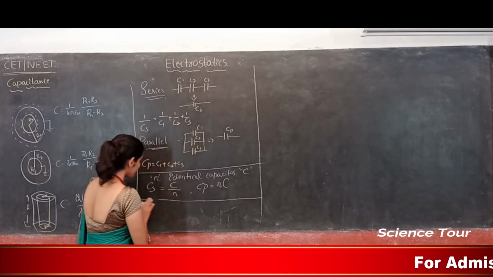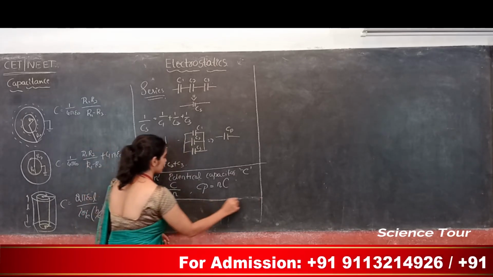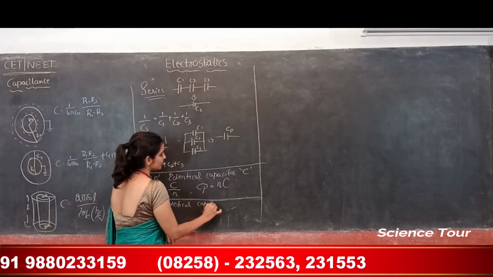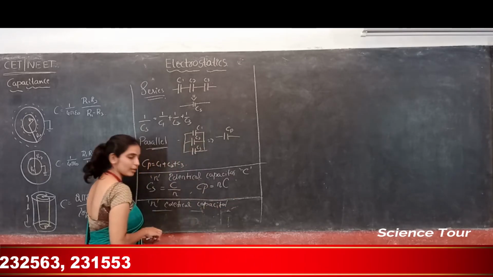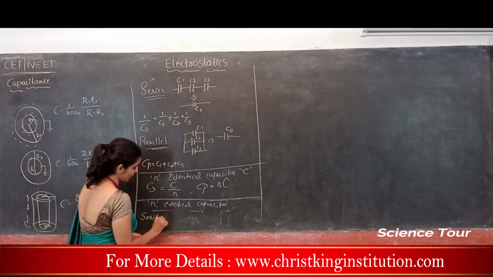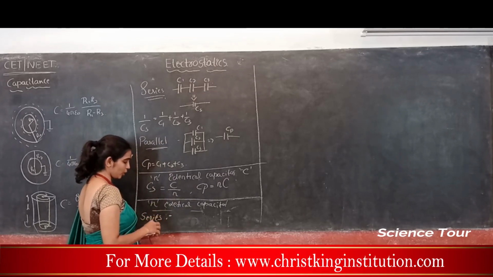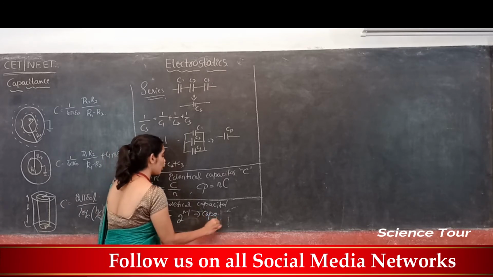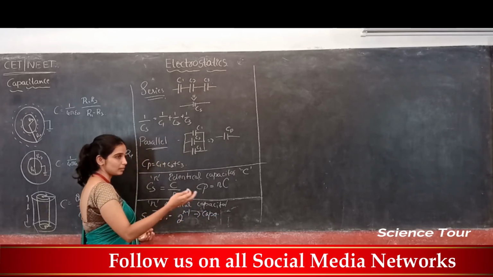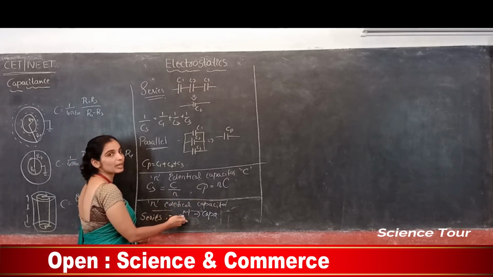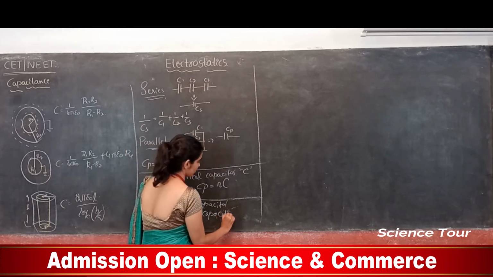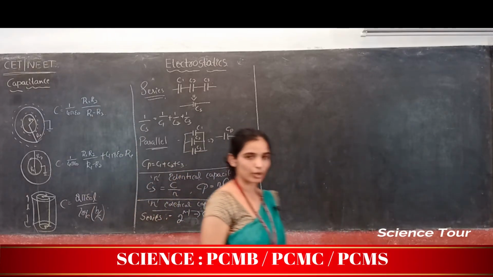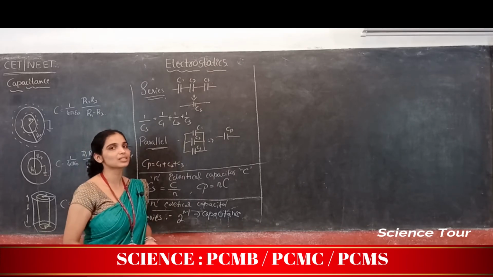If you have n identical capacitors, from series combination you can get around 2 to the power of n minus 1 capacitances. Let's say you have 10 identical capacitors, each with capacitance 10 microfarad.